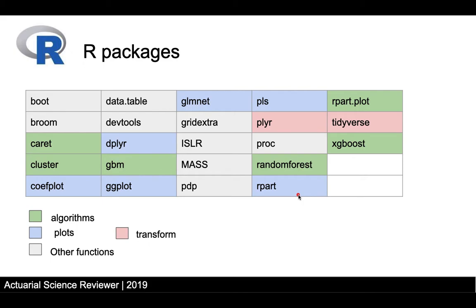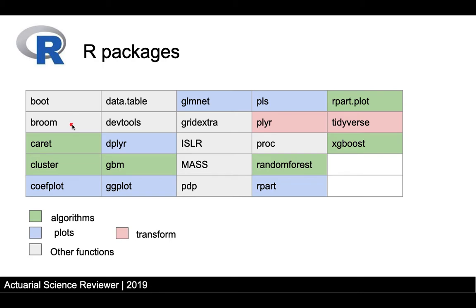What else? For transformation, I think you have plyr and dplyr. You've got tidyverse. I think this is for transforming some of your columns. And then for the basics, you've got glmnet, partial least squares, and then other functions like boot and broom.